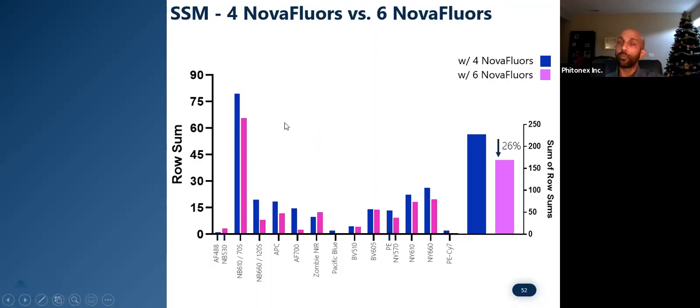So it's pretty much a reduction in spillover spread across the board, but the big thing is the overall reduction. So about a 26% reduction using 6 NovaFluors instead of 4 NovaFluors. So we got a 26% improvement in our resolution, which can be very significant whenever we're trying to analyze those dim and rare populations.